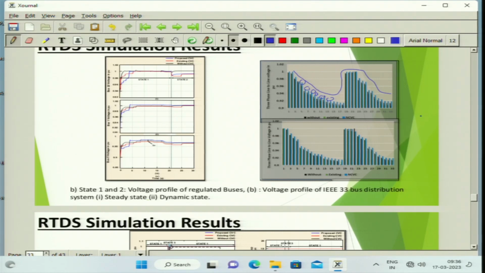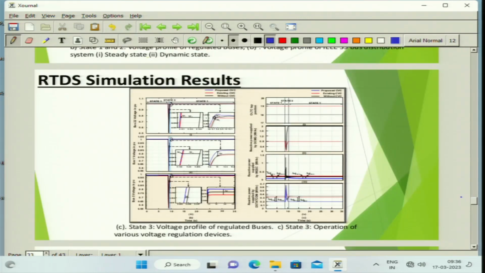In all the buses there is an improved voltage profile. And during the transient state, we have considered a temporary fault for a duration of 150 milliseconds. We could see that now we are pumping more reactive power into the system during the transient. You can see here, this is for the D-STATCOM and this is the wind grid side converter.